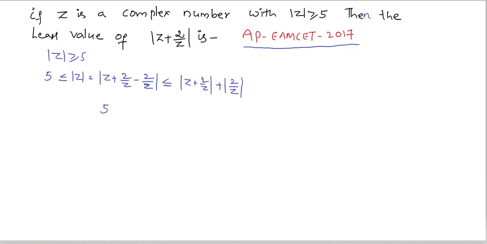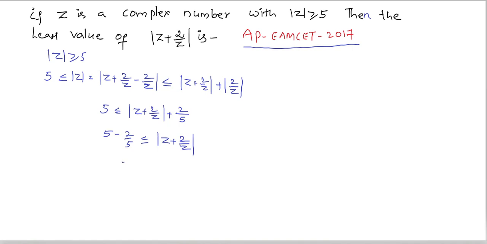So here 5 is less than or equal to modulus of z plus 2 by z plus 2 by mod z, that is 5 minus 2 by 5, which is less than or equal to modulus of z plus 2 by z.